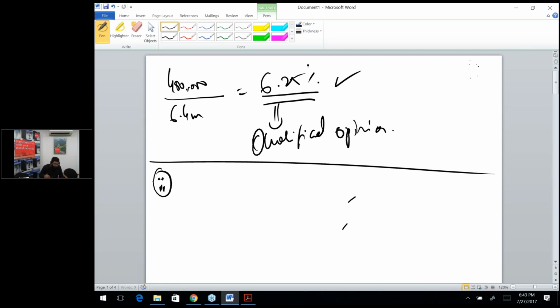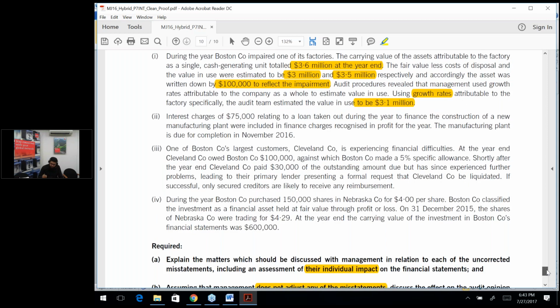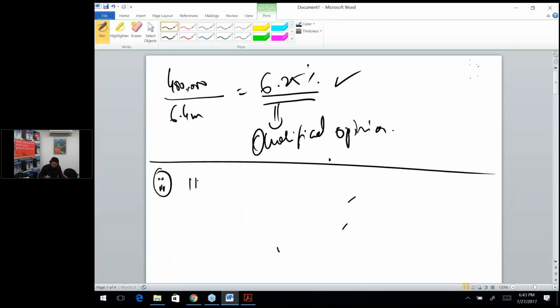The next one says interest charges of 75,000 relating to a loan taken during the year to finance the construction of a new manufacturing plant were included in finance charges. The manufacturing plant is due for completion in November 2006. This is an area of IAS 23, which is borrowing cost.